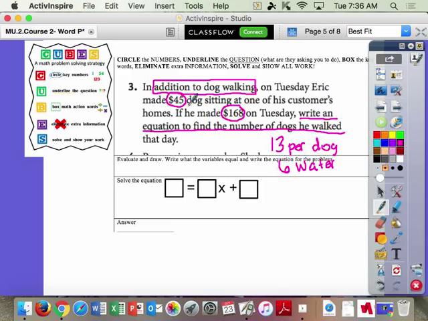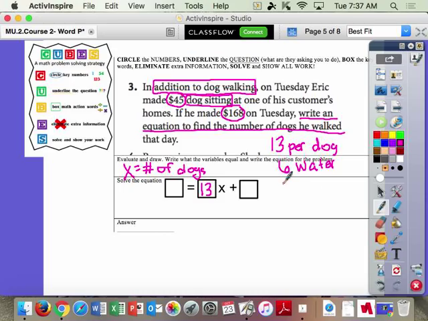And then this is kind of a one-time thing. All right? And all the rest of it really isn't important. So, X is still going to be the number of dogs. All right? So, we're still going to have $13 per dog.